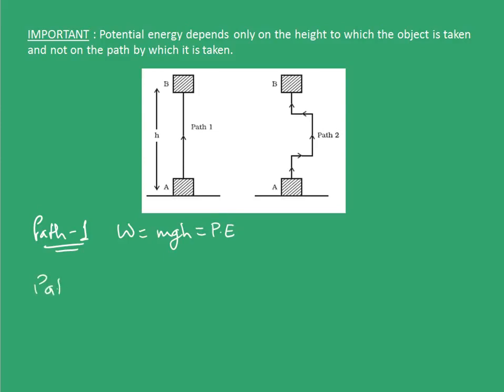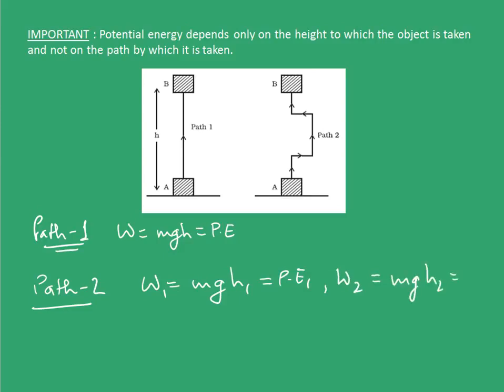In path 2, during the initial vertical rise, the work done is, let's say, mgh1, which is W1, and this is PE1. Now in the next vertical rise, work done is mgh2, which is PE2.